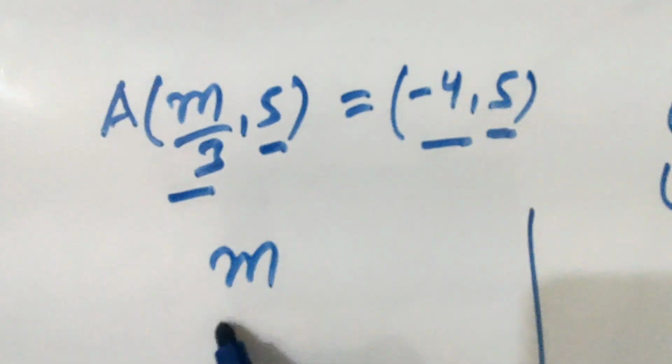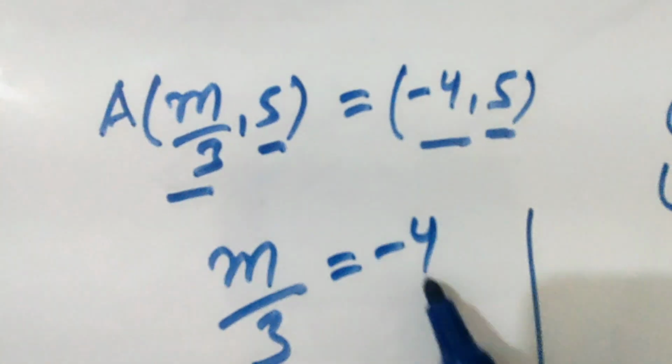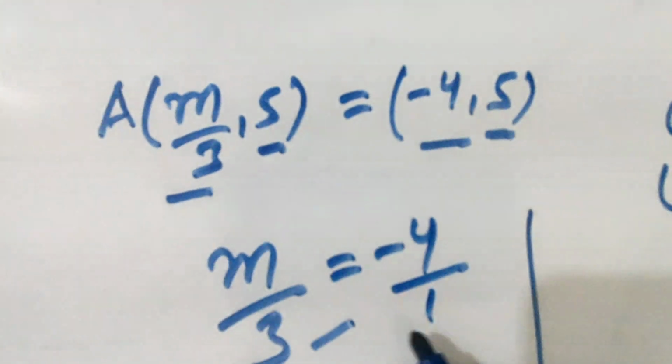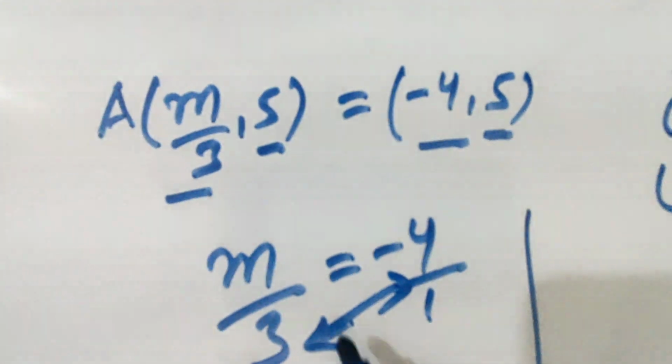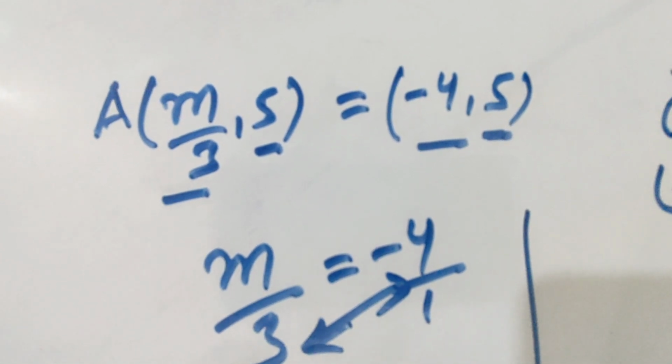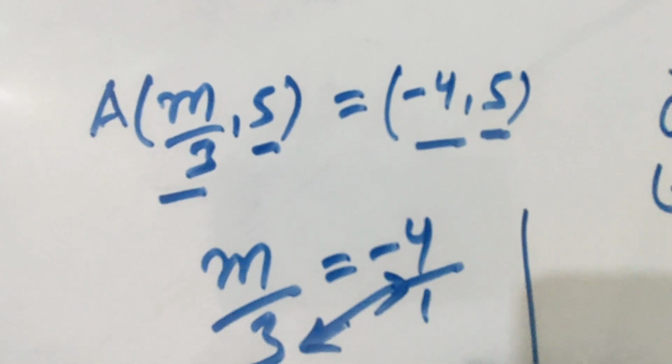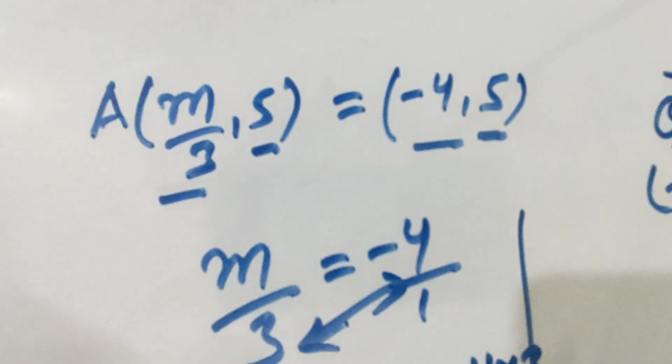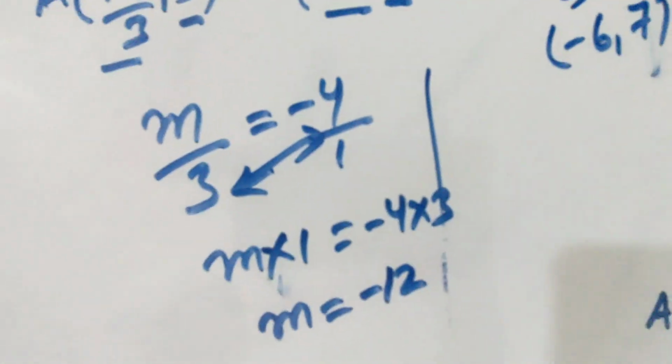Then m/3 equals negative 4. By cross multiplication, m into 1 equals negative 4 into 3. Then m equals negative 12, since 4 times 3 is 12.